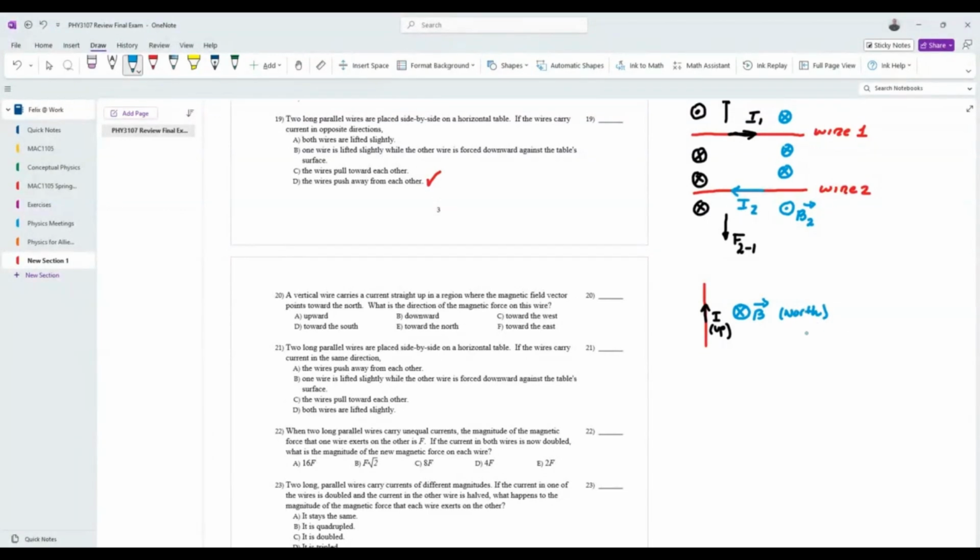If now you put your 4 fingers in the direction of the current and fold your fingers toward the direction of the magnetic field, you will see your thumb pointing to the left, and the left is the west, right? So in this case, the magnetic force points in this direction, and the direction is just the west. So the right answer here would be toward the west.